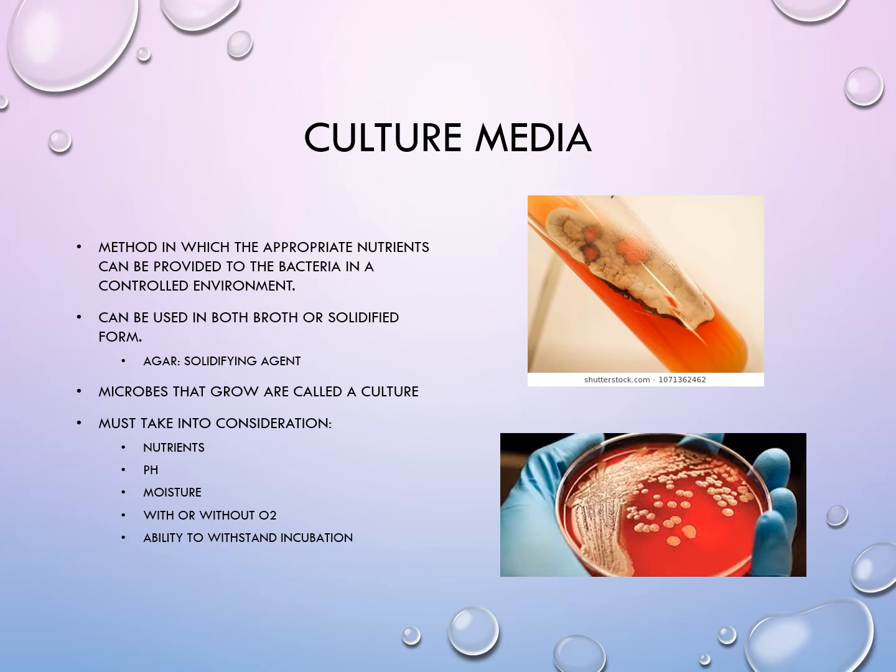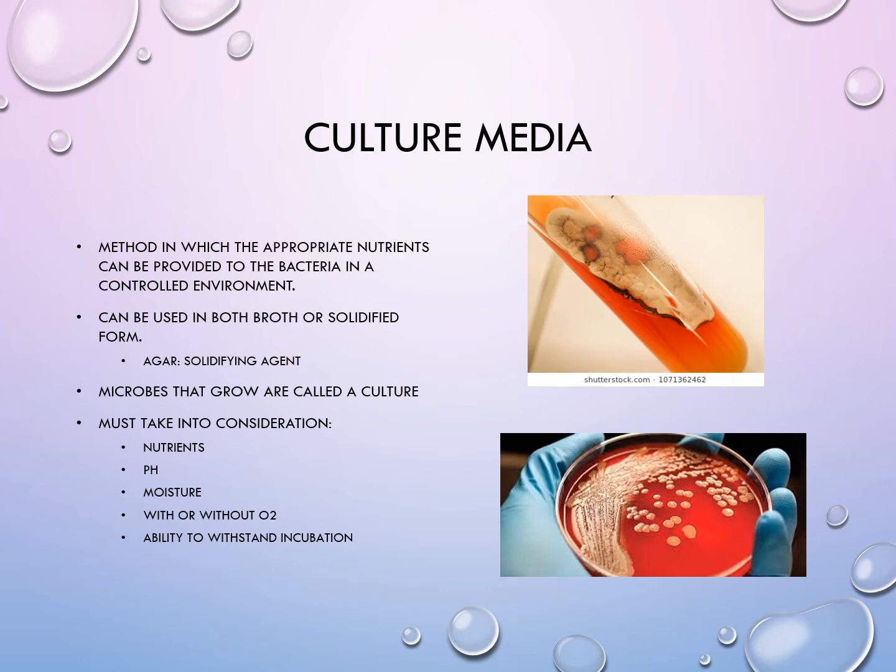If they prefer a certain pH, or an environment with oxygen or an environment without oxygen, all of those things matter as well. They also have to be able to withstand the process of incubation, because that is a warming process, and it has to be able to hold up under those conditions.